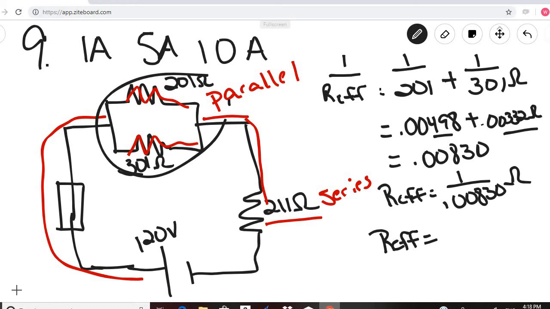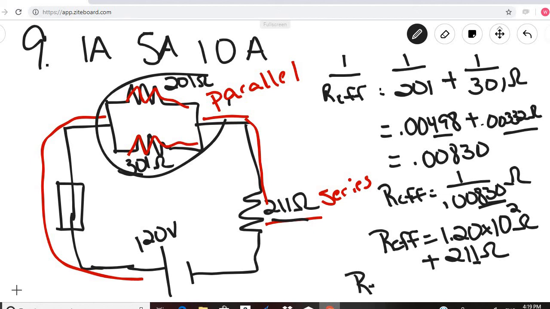So the resistance for these two up here is going to be equal to 120, but we need 3 significant figures. So it's going to be 1.20 times 10 squared. Okay, and now what we will do is add this series one to it. So plus the 211 ohms, and this only goes out to the ones place.